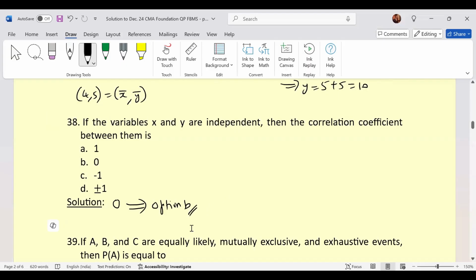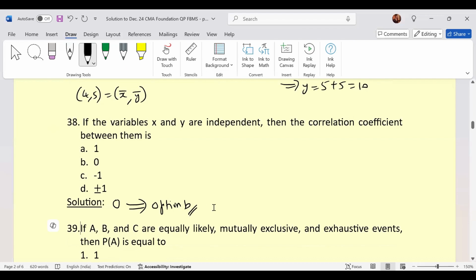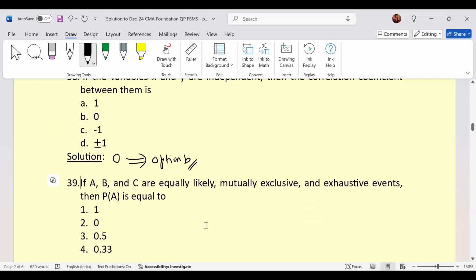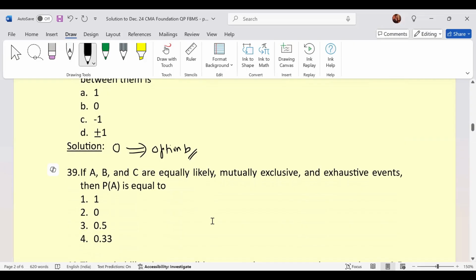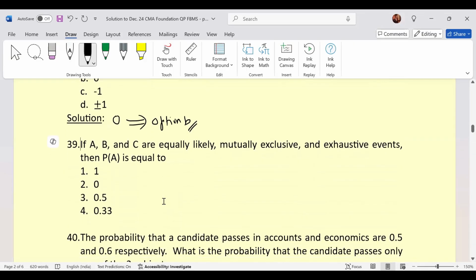Then let us move on to the next. If A, B, C are equally likely, mutually exclusive and exhaustive events, then P of A is equal to. If they are equally likely, then probabilities of all the events should be same. And since the question says that they are mutually exclusive and exhaustive, that means these are the only events in that experiment, which means totally 3.